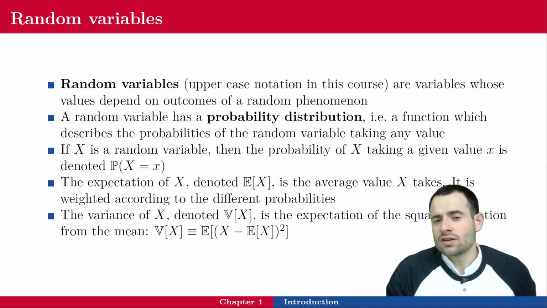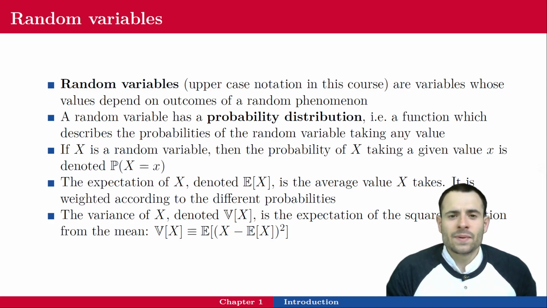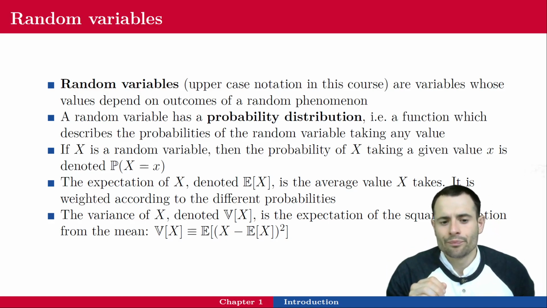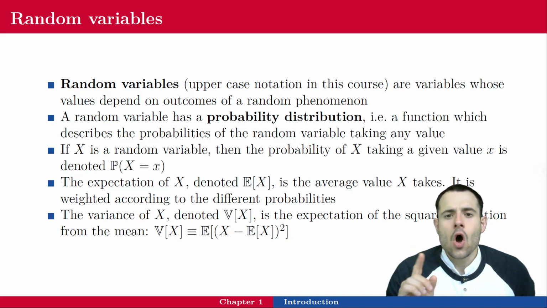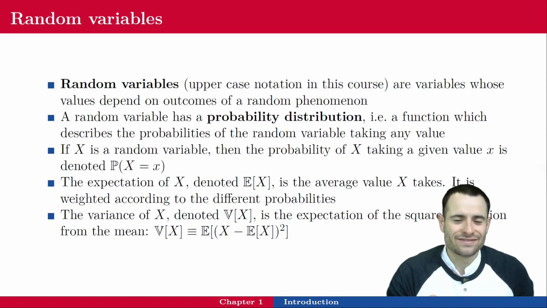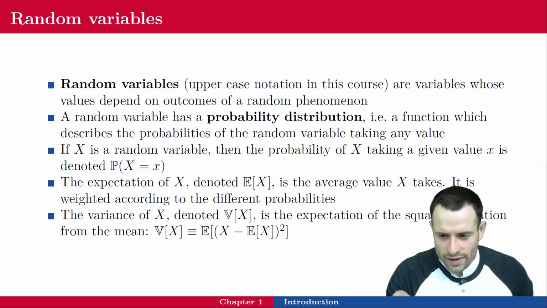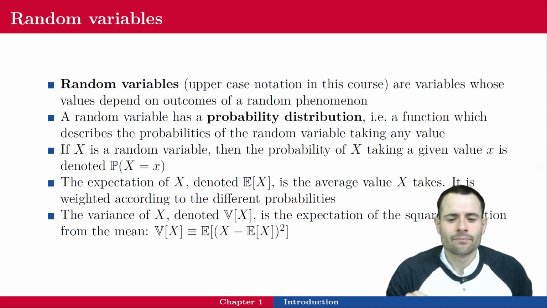When there's an expectation, there usually is a variance. The expectation is an average value. The variance is, on average, how far are we from the average? So it is the expectation of the squared deviation from the mean.